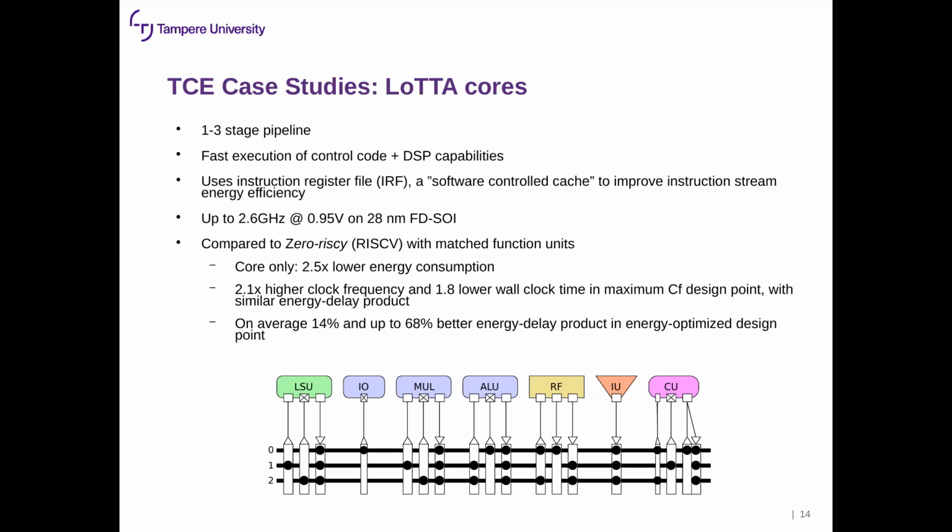In another design point where we optimized for energy consumption, on average, we would achieve 14% better energy delay product and up to 68% better compared to the Zero RISC-V. So we think that they prove that the TTA programming model can be quite effective and energy efficient.